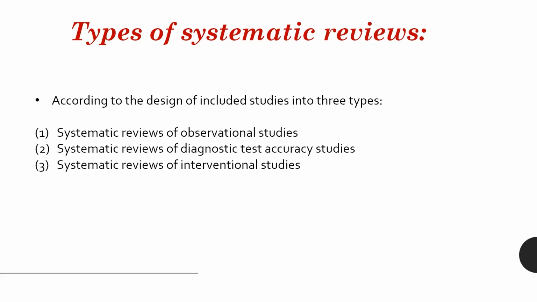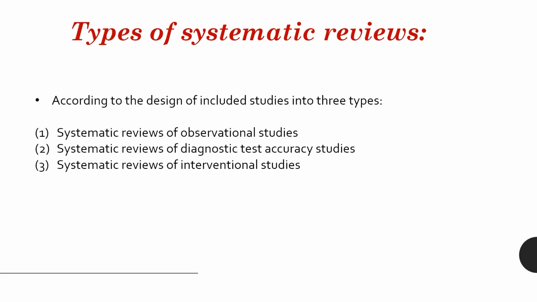Systematic reviews can be classified into three categories according to the design of included studies. First, systematic reviews of observational studies. These observational studies can be either cross-sectional, so we could estimate condition prevalence, or case control and cohort studies to estimate the exposure effect on the clinical outcome.